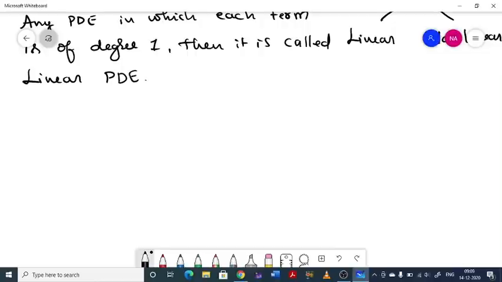It will be used to analyze heat conduction, vibration of strings, electrostatics, and electromagnetic waves. That will be done using partial differential equations. The very important application you can say is this.